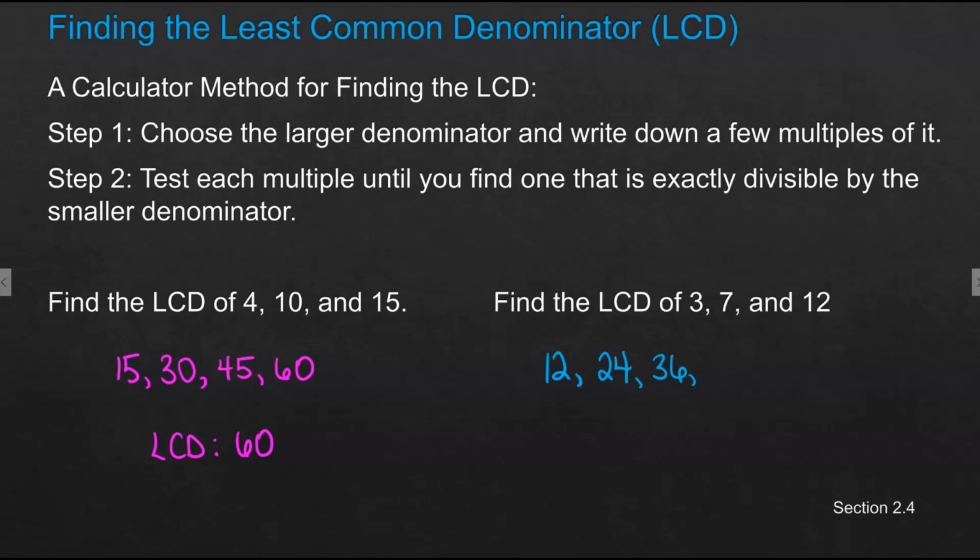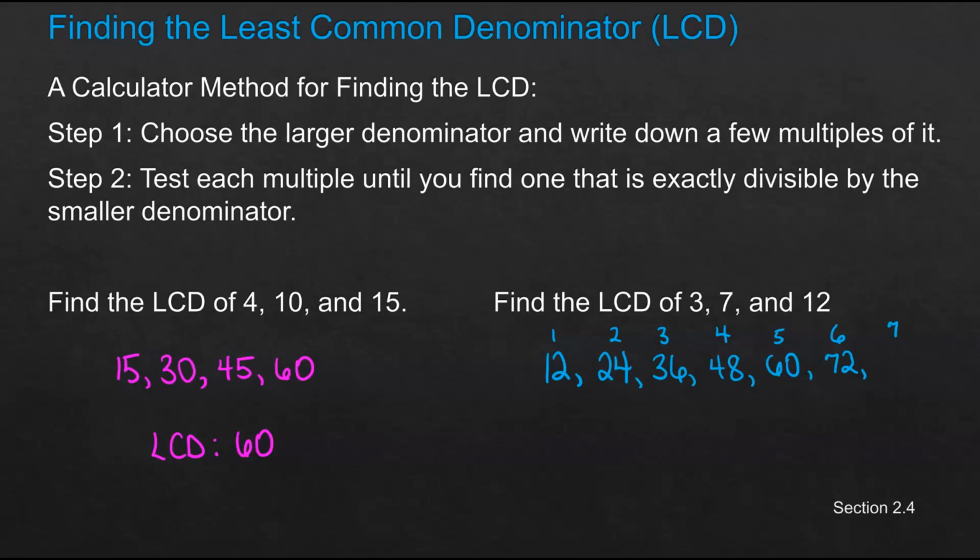4 times 12. Remember, this is 1, 2, 3. 4 times 12 is 48. The 7 doesn't work on that one. 5 times 12 is 60. Still not going to work. 6 times 12 is 72. And we finally find it. We have to go all the way to 7.